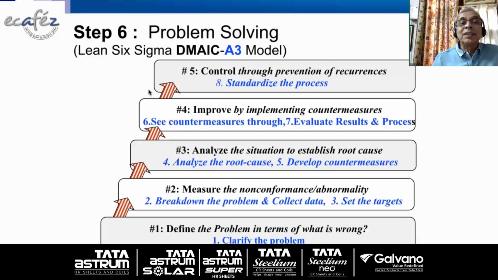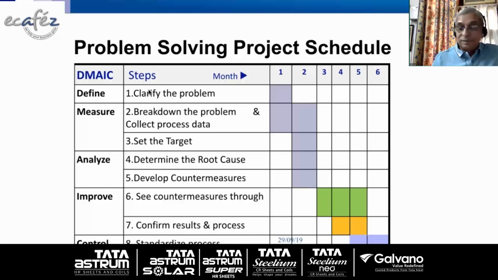Then the fourth phase is to improve by implementing the countermeasures, and evaluate the results and process. Finally, the fifth one: once we have solved the problem, we have to hold the gain and control through prevention of recurrence of the problem, so we standardize the process. So DMAIC and A3 have been blended in a 5-phase manner.